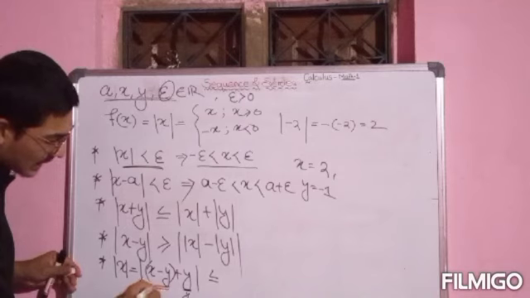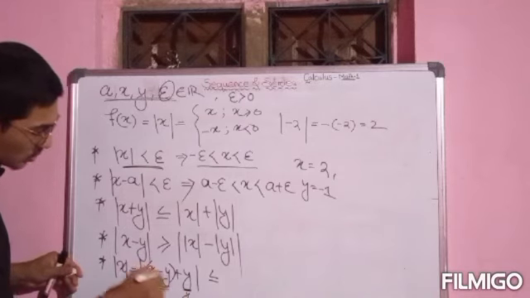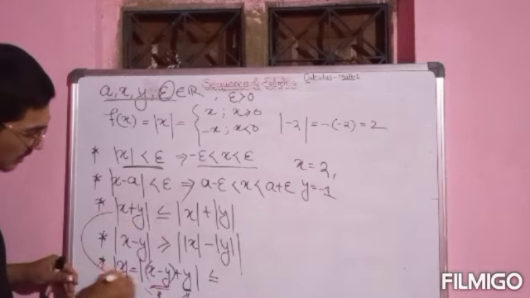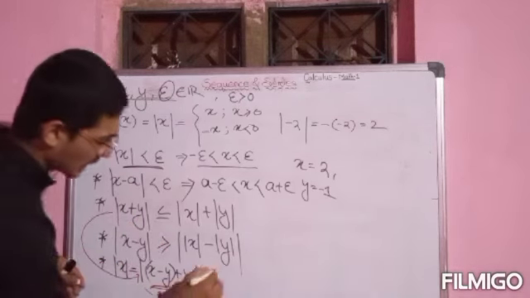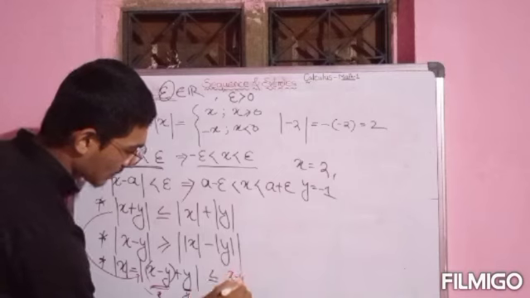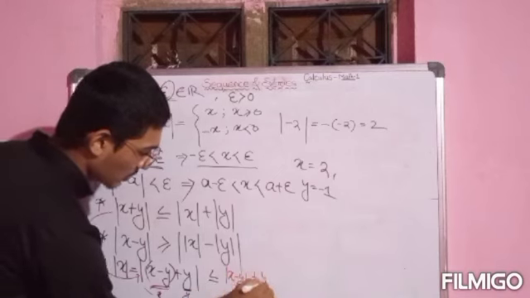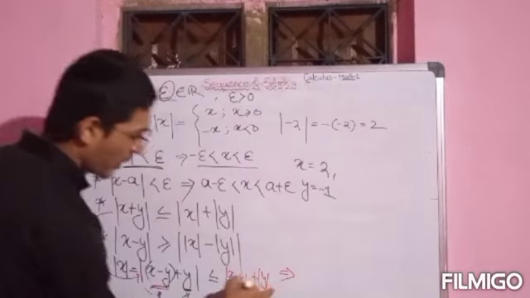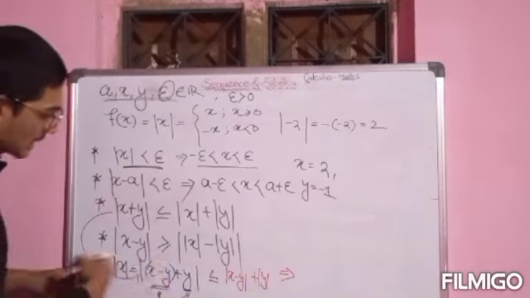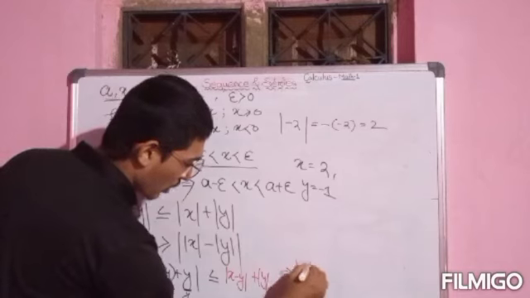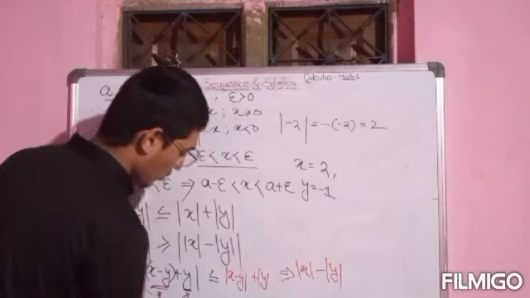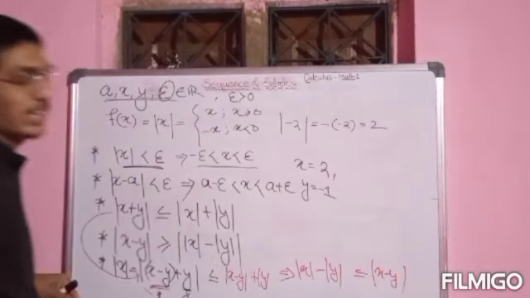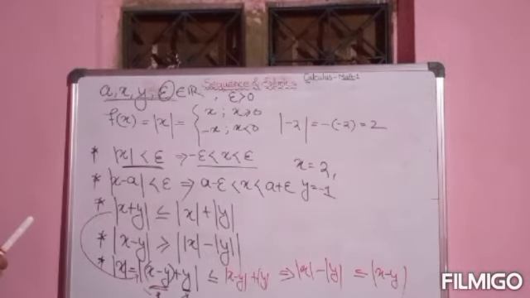This is my whole x. This is my y. So this total is less than or equal to mod of x minus y plus mod of y. Okay. So can I write, if I take this mod y to this side, what will happen? Mod of x minus mod of y is less than or equal to mod of x minus y. Clear?